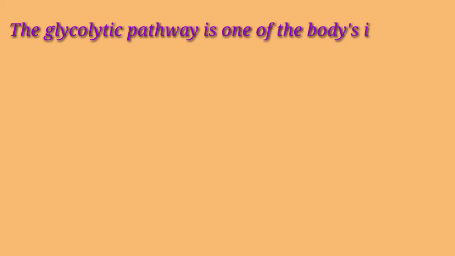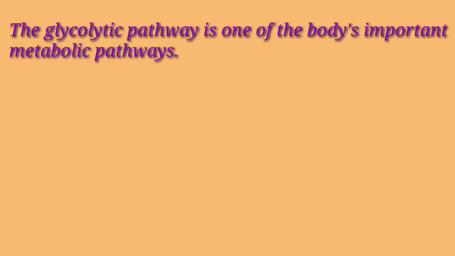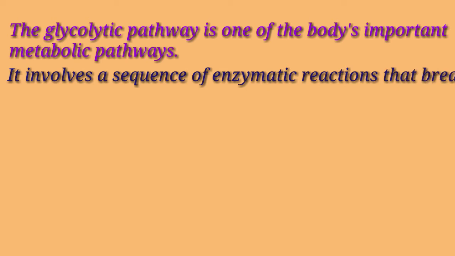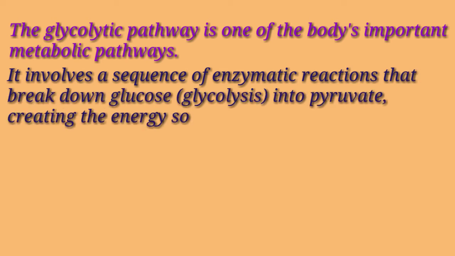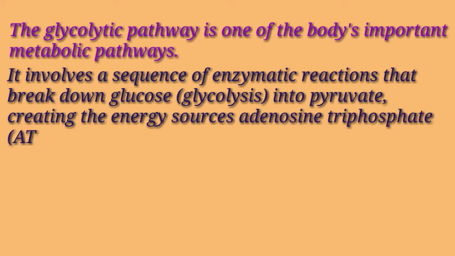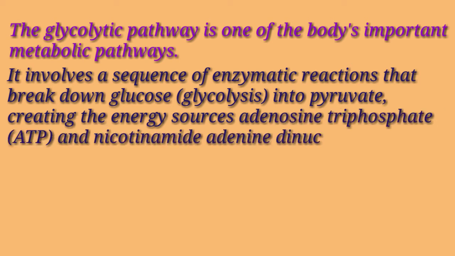As we know, the glycolytic pathway is one of the body's important metabolic pathways. It involves a sequence of enzymatic reactions that break down glucose into pyruvate, creating the energy source, that is ATP molecules and NADH molecules.